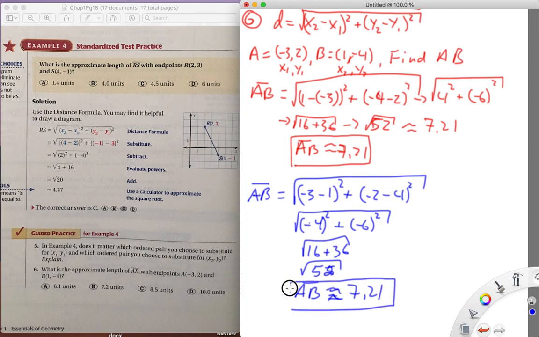So it works. Make sure that when you do this, you don't subtract like x1 minus y1. They have to both be x coordinates and they have to both be y coordinates when using the distance formula.